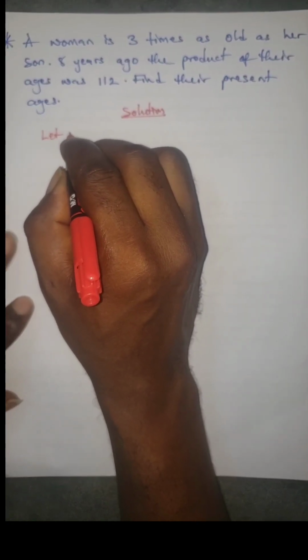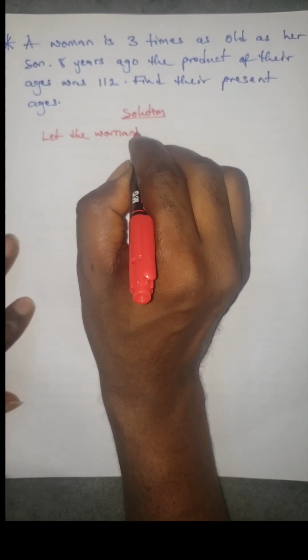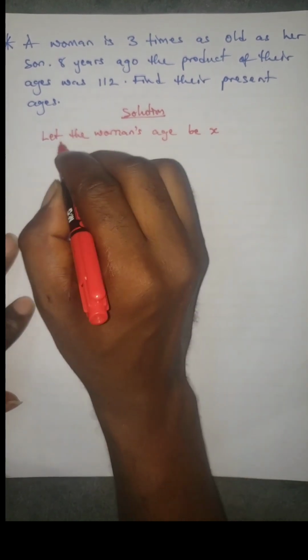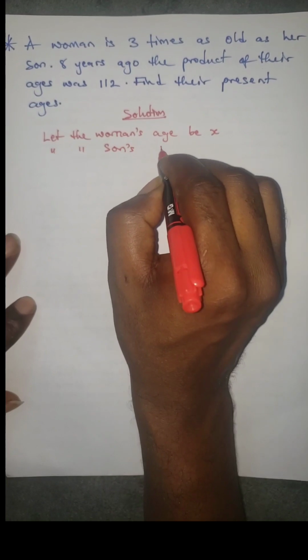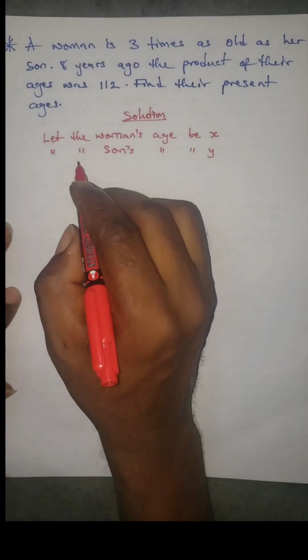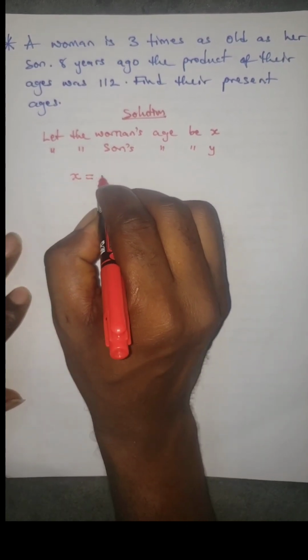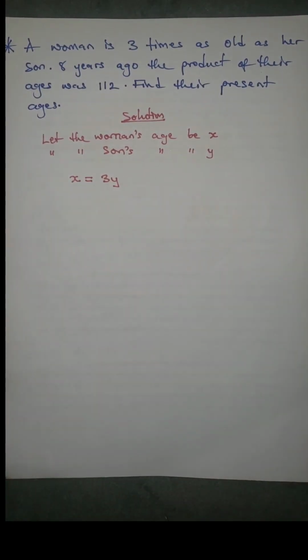Let the woman's age be x, and let the son's age be y. Okay, so the first statement there is that the woman is 3 times as old as the son. Okay, that's x equals 3y.